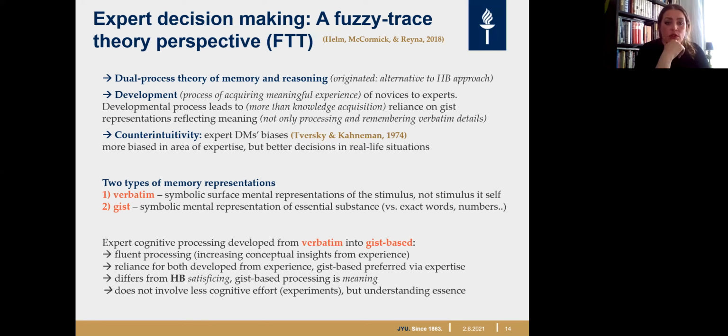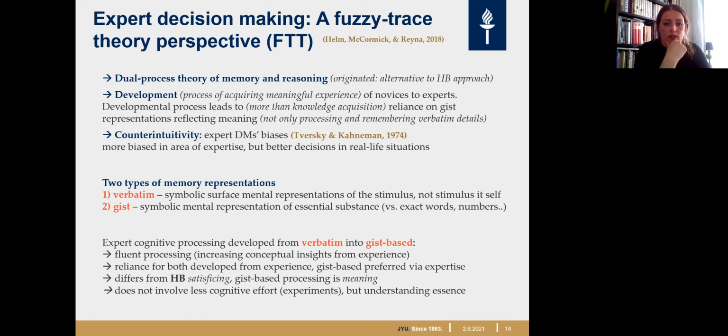So overall, the process develops from the verbatim into the gist-based processing. And if it develops to gist-based processing, it's more fluent, and it's based on increasing conceptual insights from experience that feed the gist-based processing.